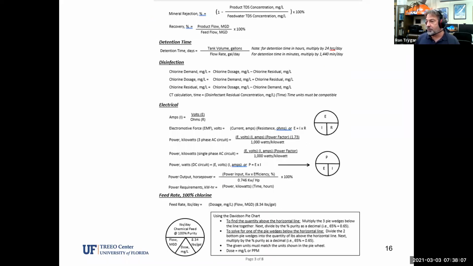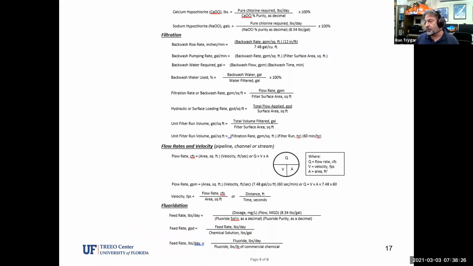Well, on page 3, we're probably going to need to know something about the disinfection components. Like if we have a certain dosage and we have a residual, how much demand of chlorine was in the water. We're going to need to know something known as feed rate, pounds per day of chemicals. We're going to do that today. We're also going to go on to page 4. We're going to talk a little bit about using alternative chemicals for disinfection.